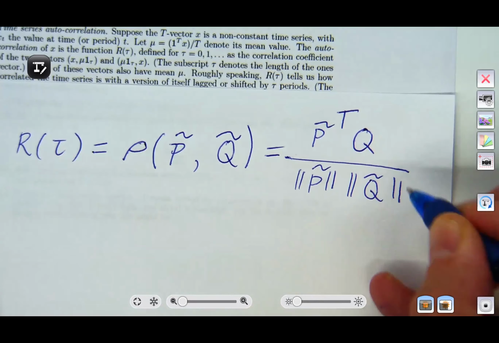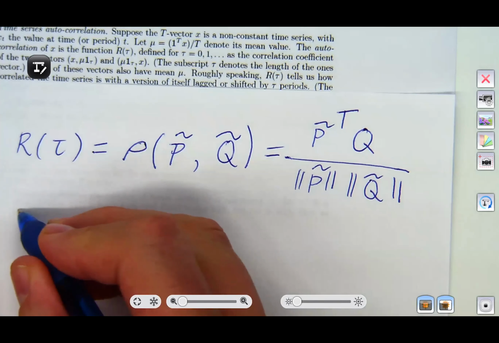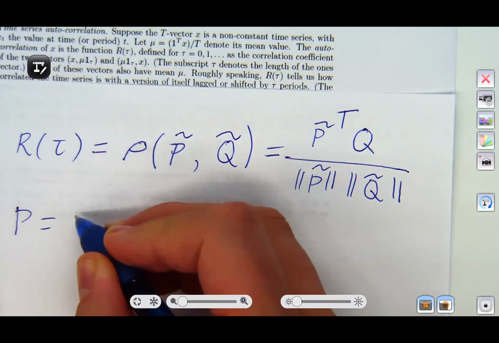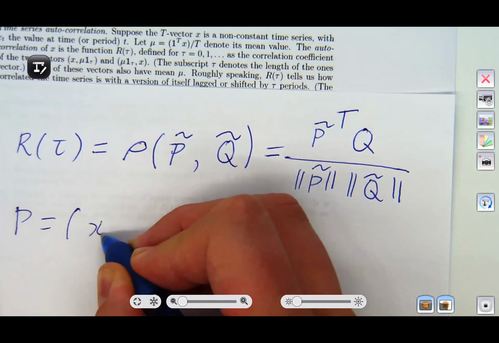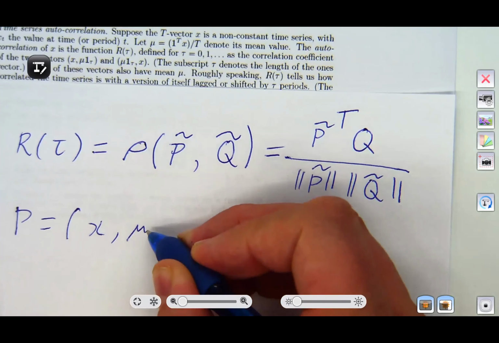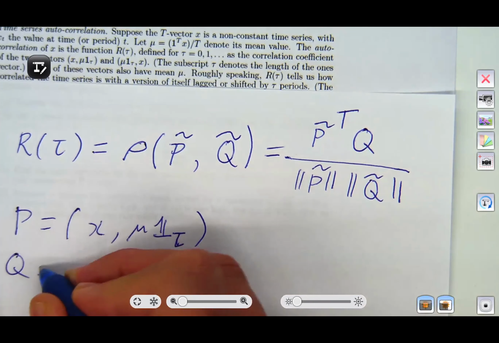And in this case, I put P equal to X and mu on tau, Q equal to the other one.